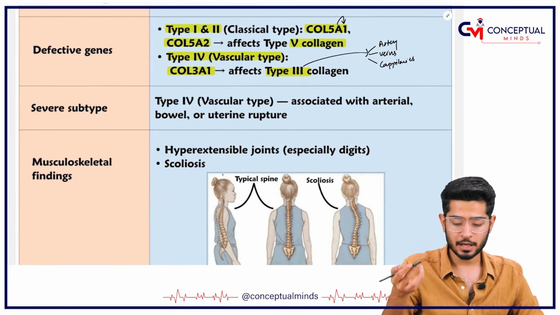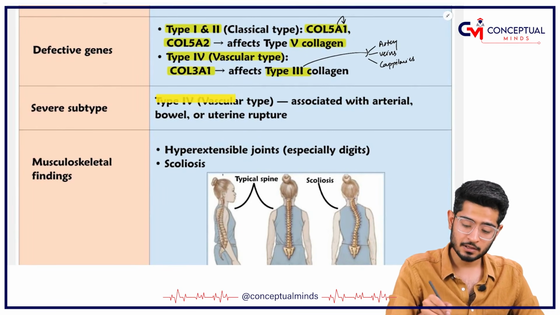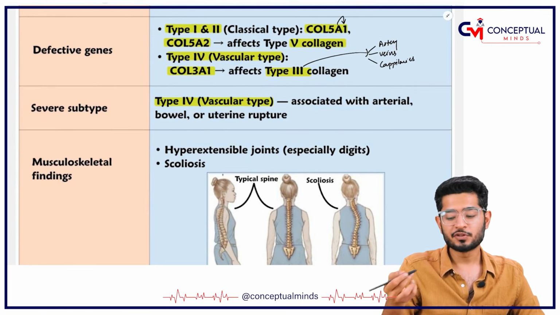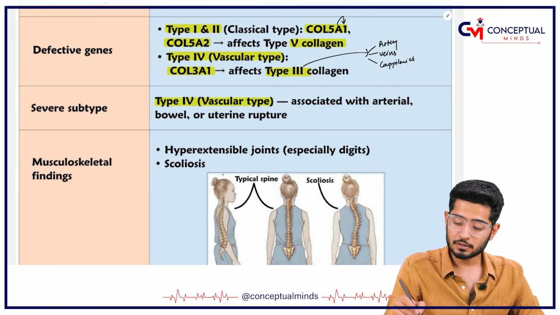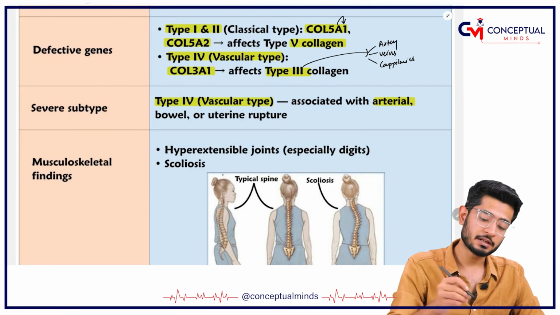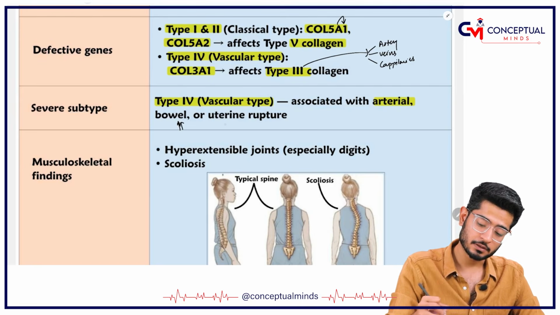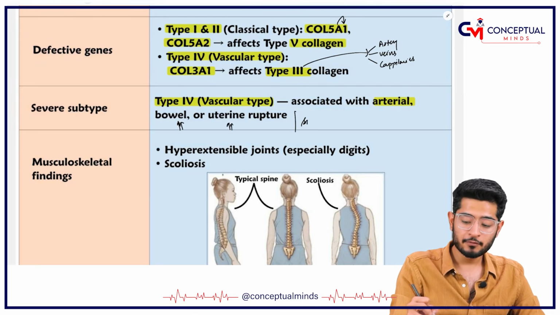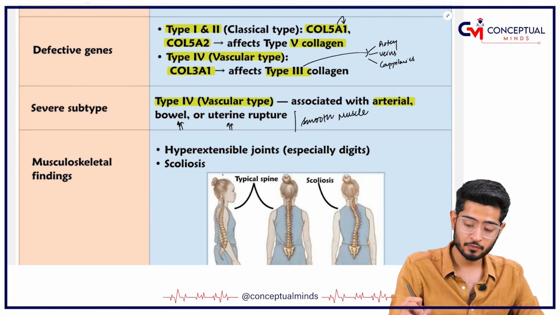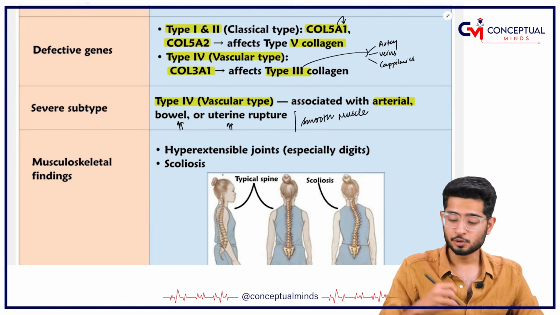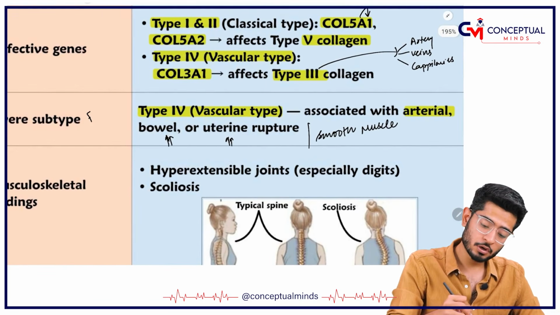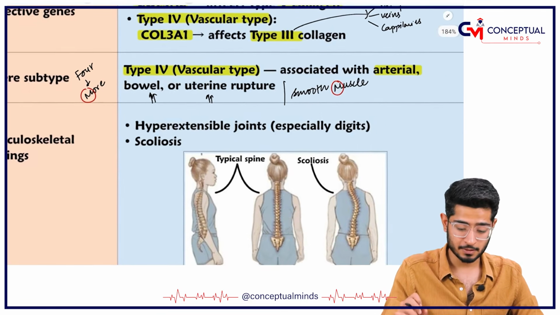And type 4 is also a vascular type, which along with the arterial involvement can also involve the bowel and the uterus, because 4 is related to the smooth muscle. How to remember? 4 is very similar to more. M for more, M for muscle.